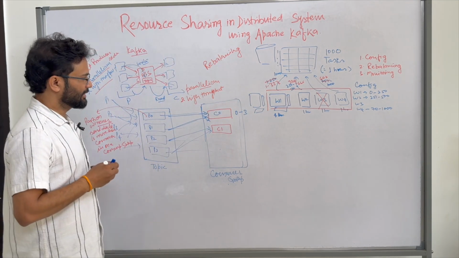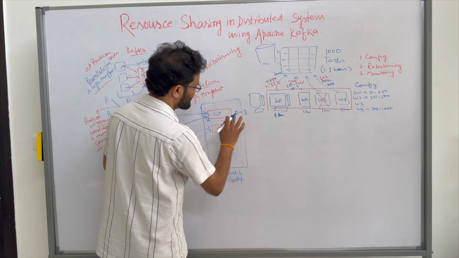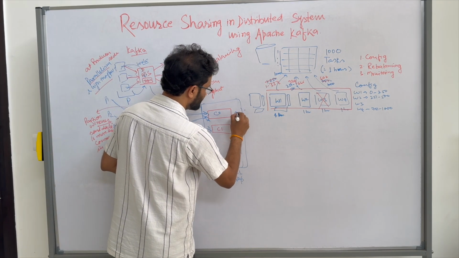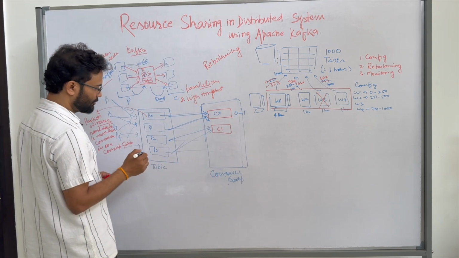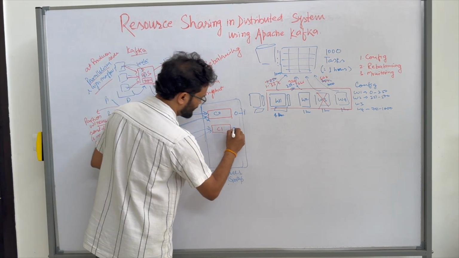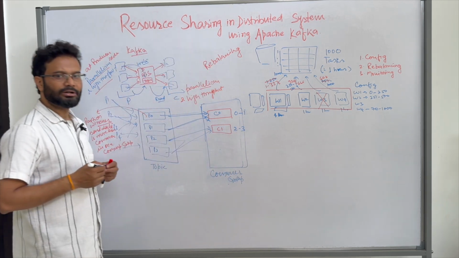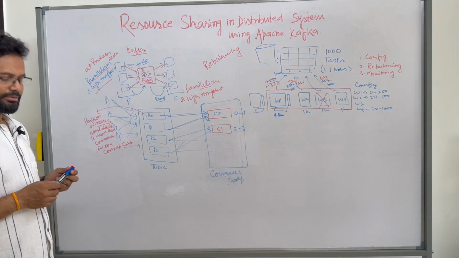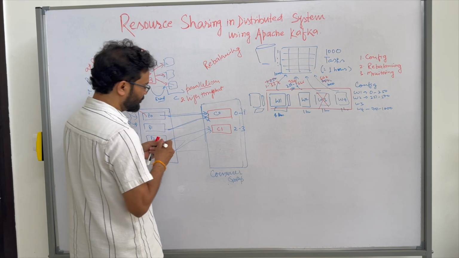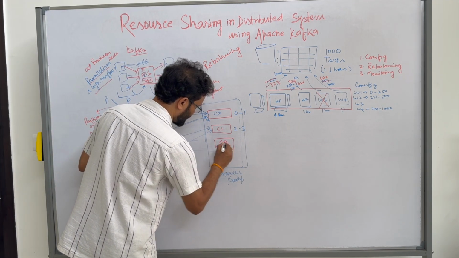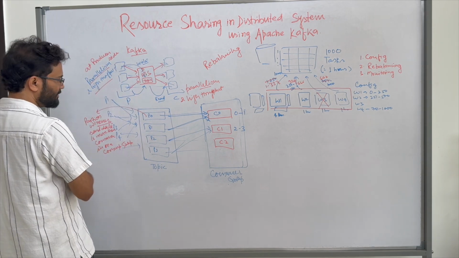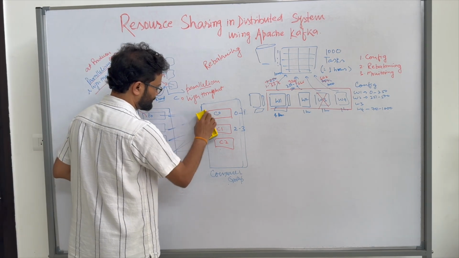Rebalancing is done by Kafka, and it will change this so that partitions 0 and 1 will come to consumer 0, and 2 and 3 will come to consumer 1. Now suppose you add one more consumer, consumer 2. Then again rebalancing will happen.